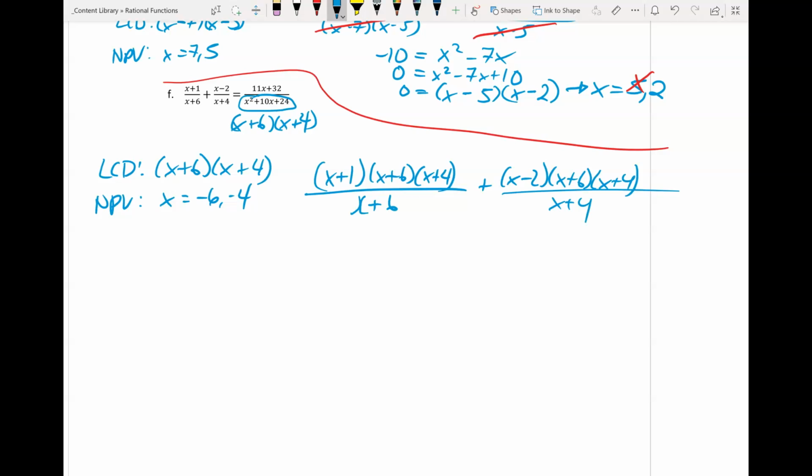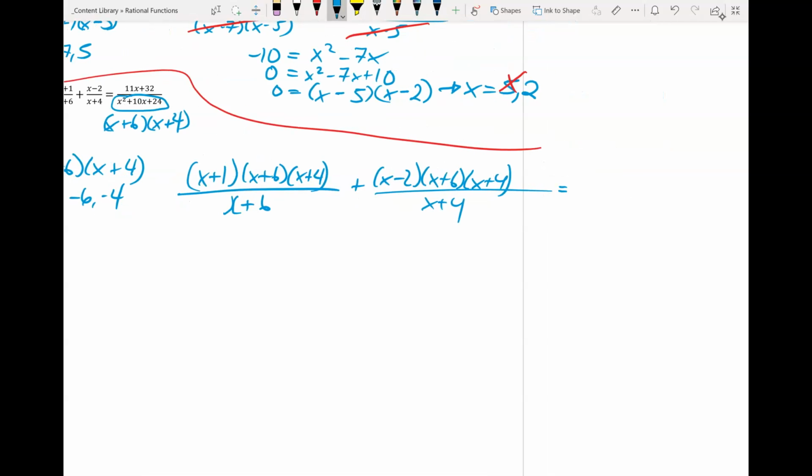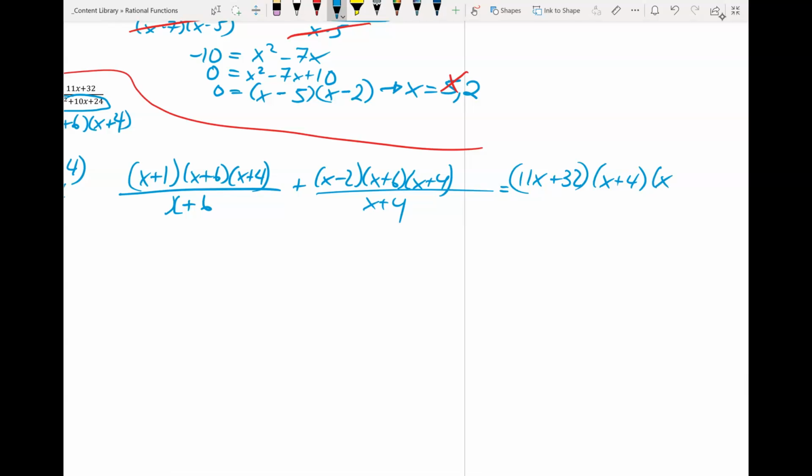It's from the second rational. And then lastly, do you need to go through this step when you're actually doing your work? You don't have to write it all out like this. You can just simplify right away. I'm just writing it out just so you know what I'm doing.